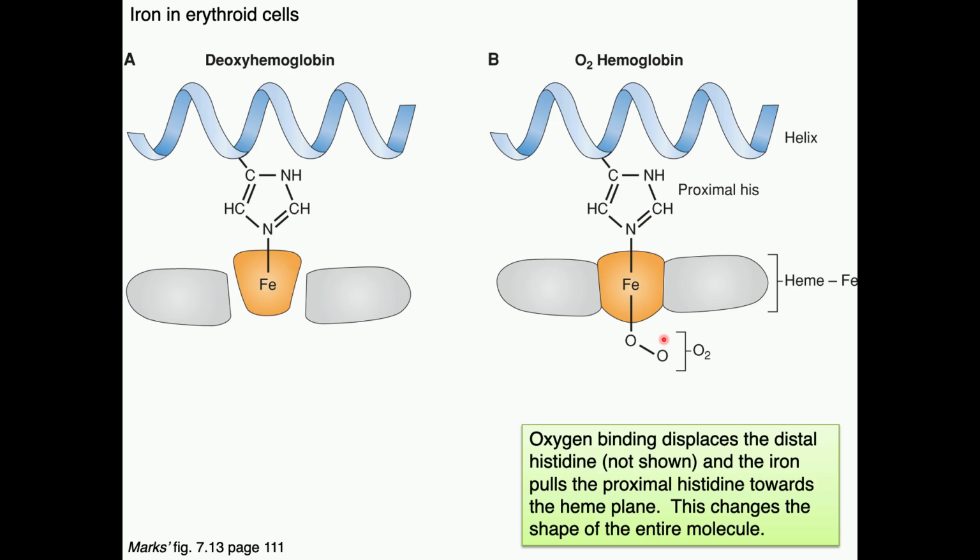And this has the effect of changing the shape not just of the one hemoglobin subunit that bound that oxygen, but all the other 3 subunits as well.